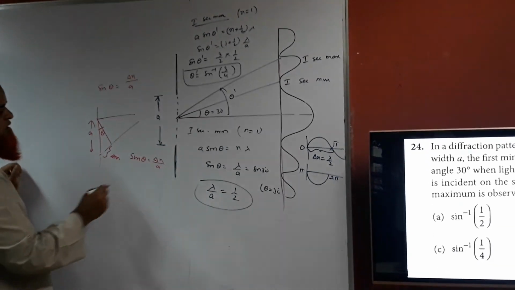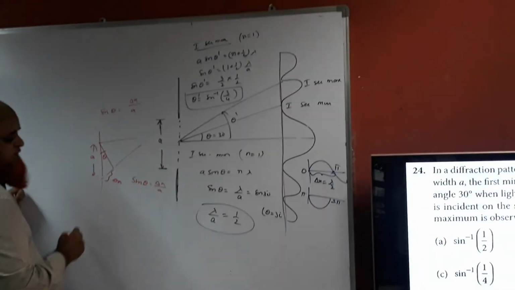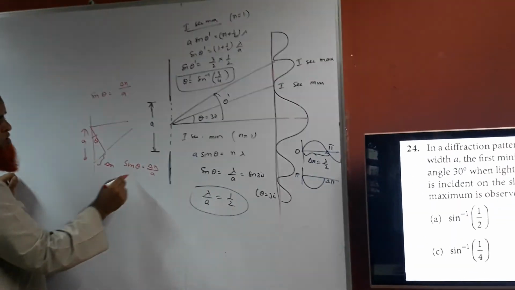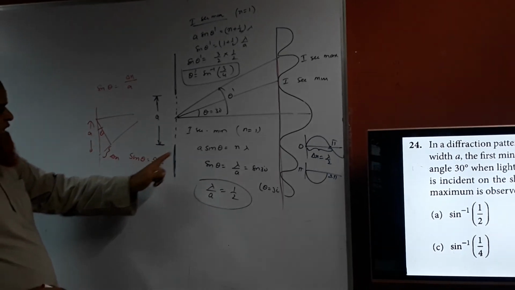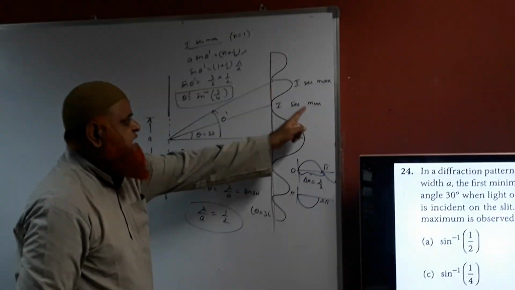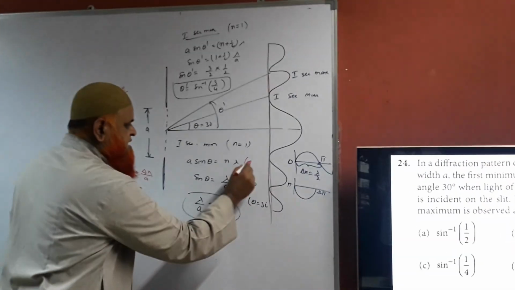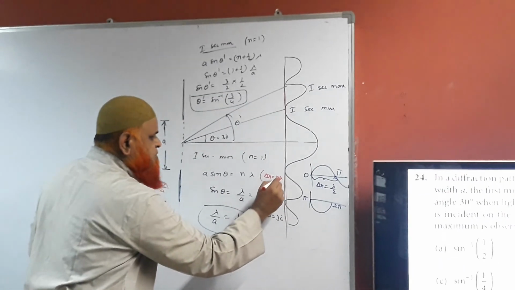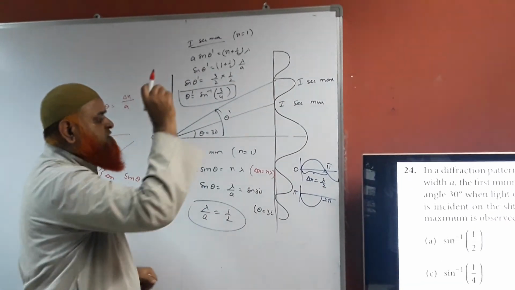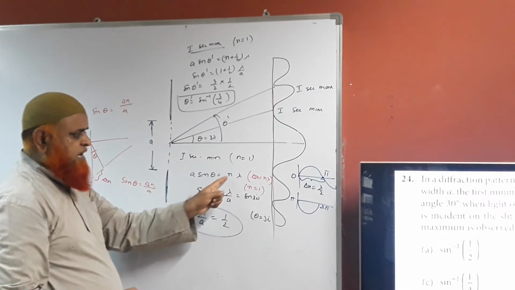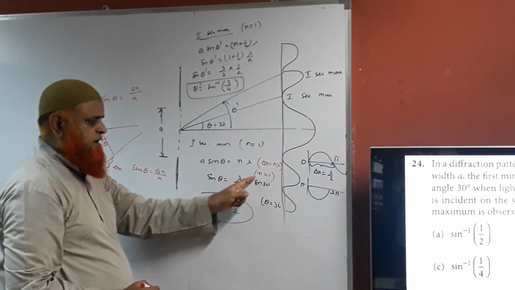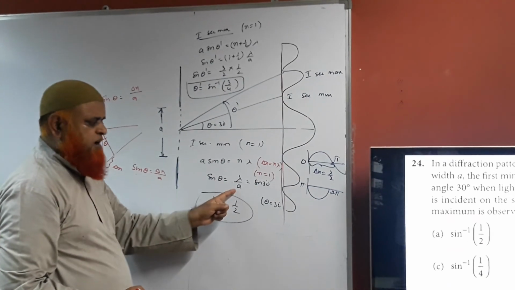So what are we going to write now? Sin theta is equal to delta x by a. For minima he is telling, I told you that delta x is equal to n lambda. As it is the first minima, you have to consider n equal to 1, so instead of n I have kept 1. So lambda by a I am writing.